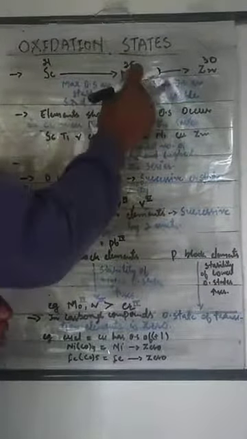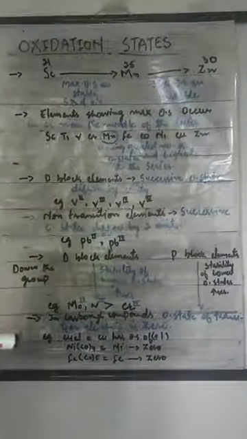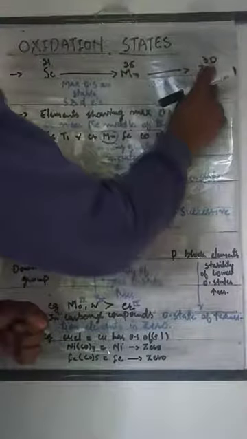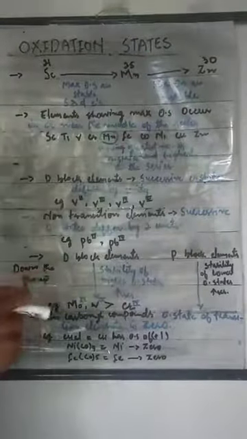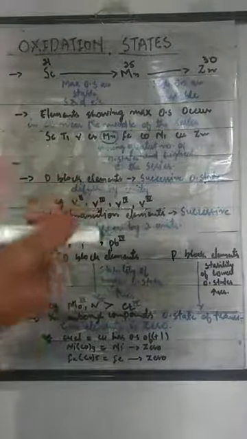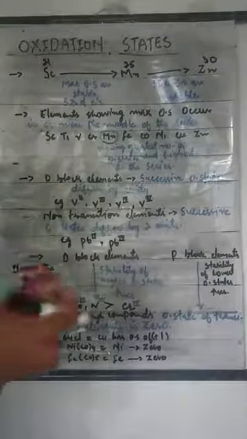And when we move from manganese to zinc, high oxidation states are unstable. This means that those elements which lie between manganese and zinc will prefer to form compounds in lower oxidation states because those compounds will be stable.